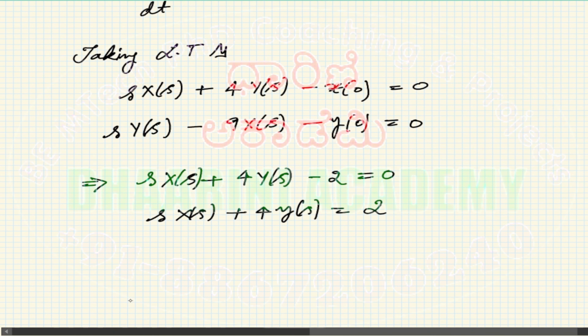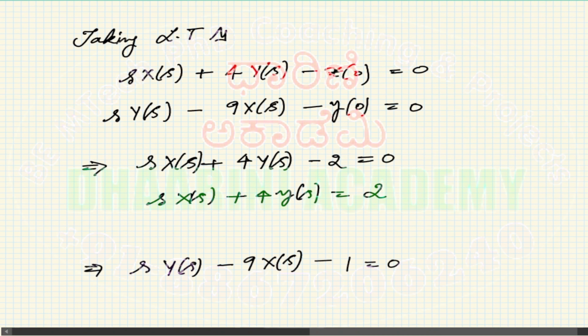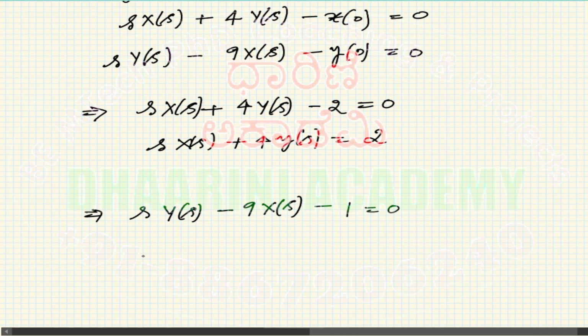Similarly, the other equation: s into y of s minus 9 times x of s minus y of 0, which was 1, equals 0. So s into y of s minus 9 times x of s is equal to 1. Let's call this 1 and this 2.